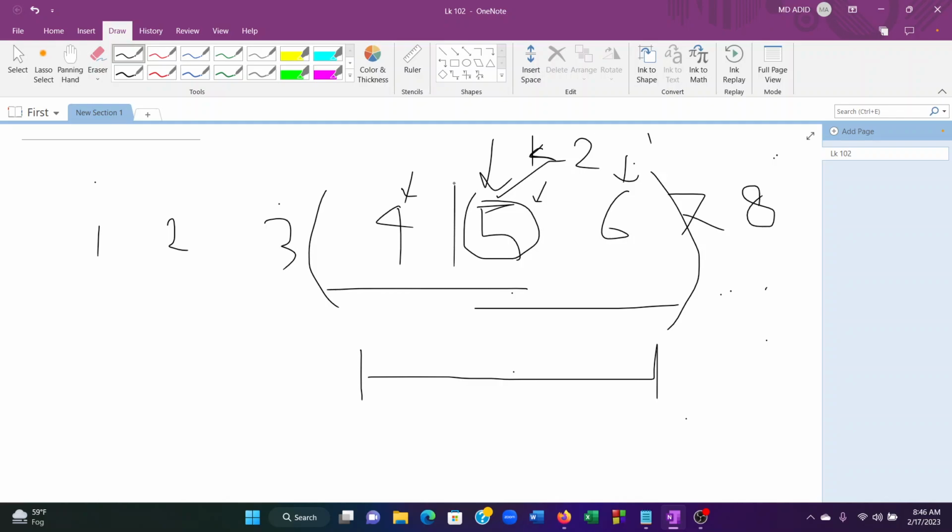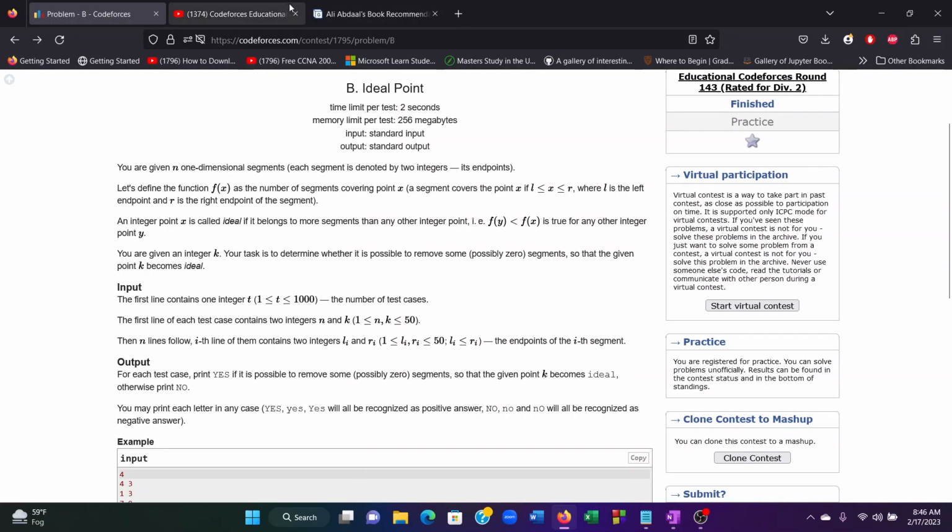So that's why we're only taking these two ranges. We only care about the two ranges that end with k and begin with k. Just this simple observation is what we need to find out here.